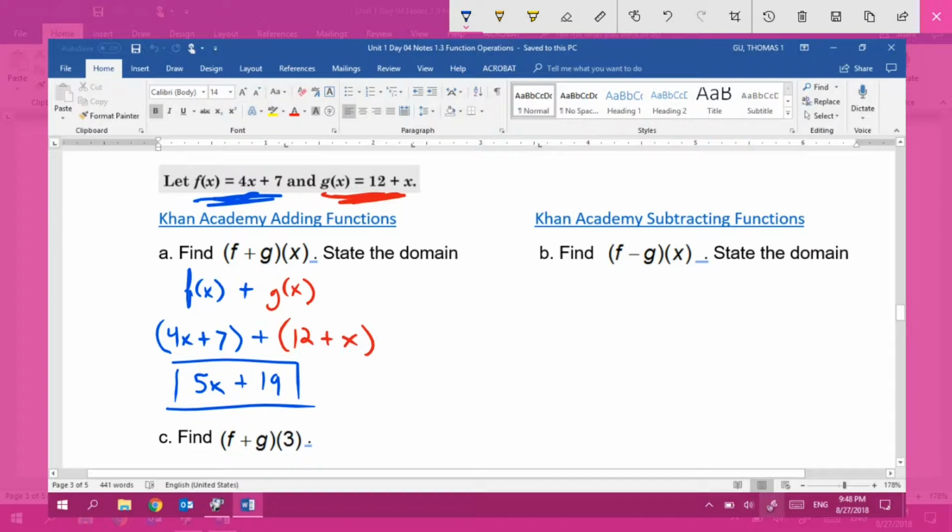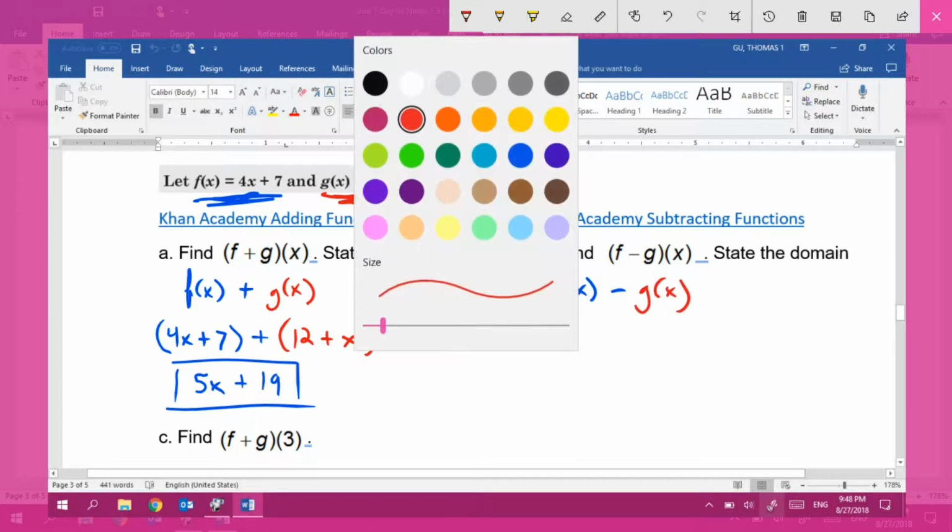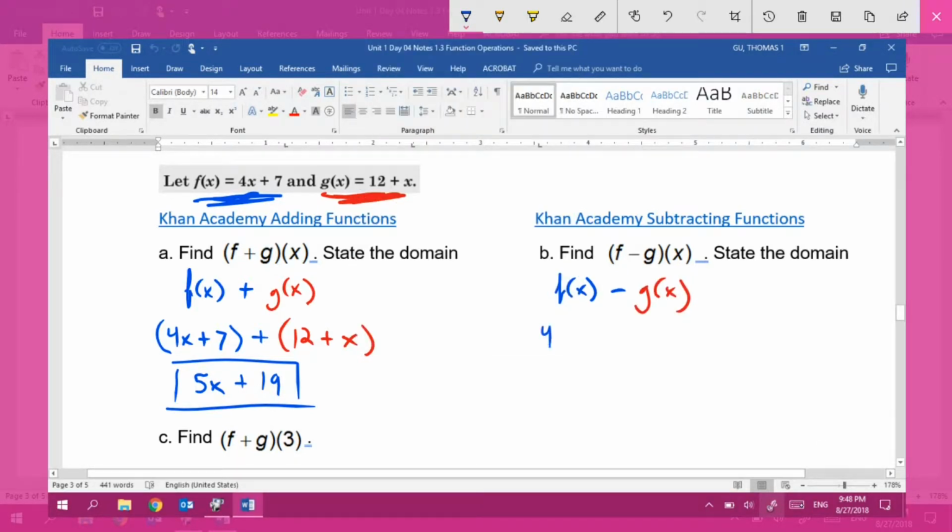This one's a little different, and this is where the parentheses really come in handy because watch this. F minus g of x is the same thing as saying f of x minus g of x. All right, let's replace what we know. F of x is 4x plus 7. Then we got the minus sign. And then g of x is 12 plus x.